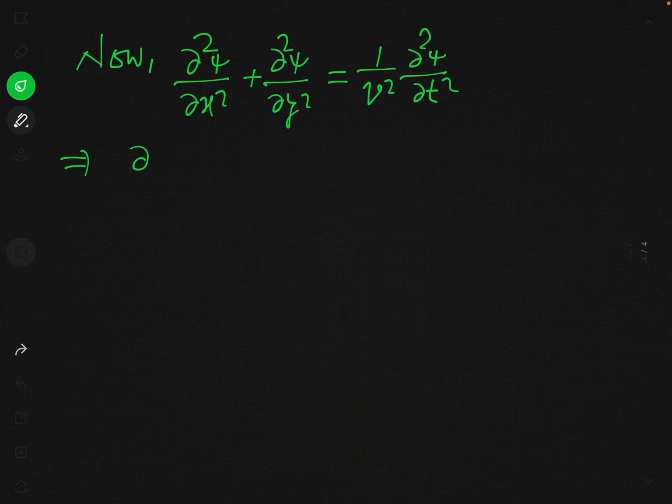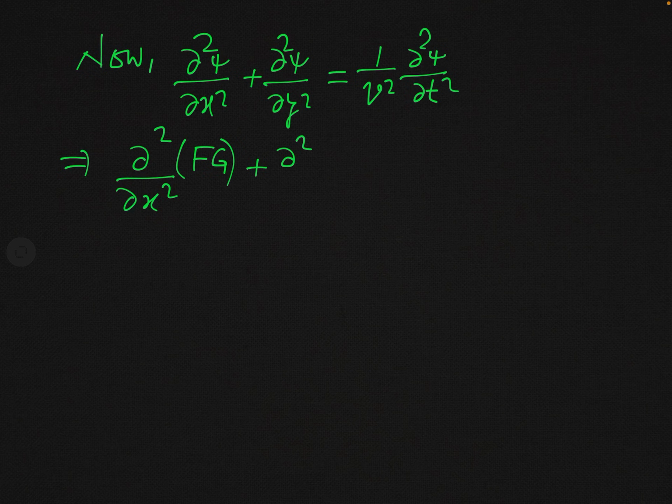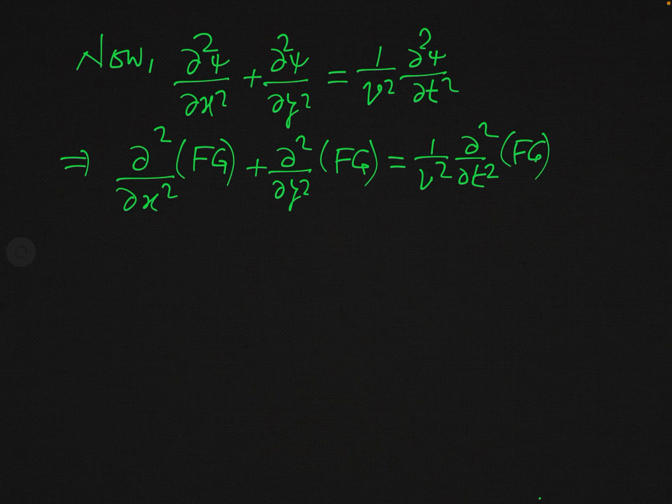So this will be del 2 by del x square of f times g, plus del 2 by del y square of f times g, equal to 1 over v square del 2 by del t square of f times g.